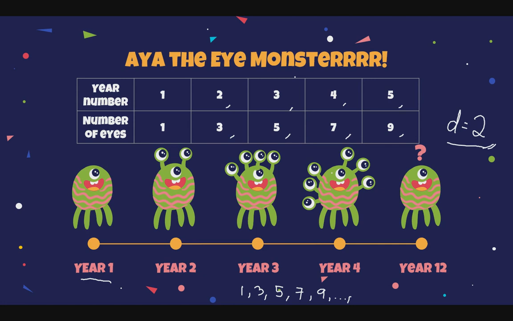So 3 minus 1 is 2, 5 minus 3 is 2, 7 minus 5 is 2, and you just add 2 to 7 to get the number of eyes on the 5th year. So our sequence again is 1, 3, 5, 7, 9, and the last term will be 33, because it is the maximum number of eyes that Aya can have.